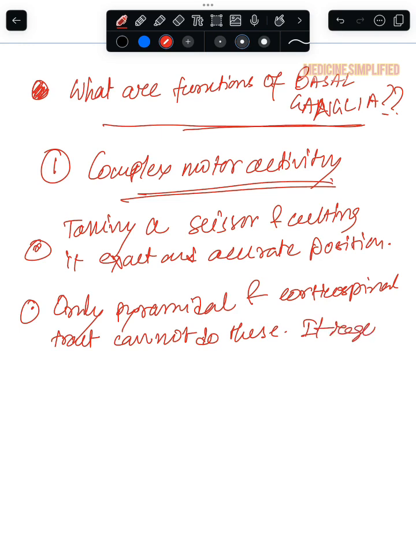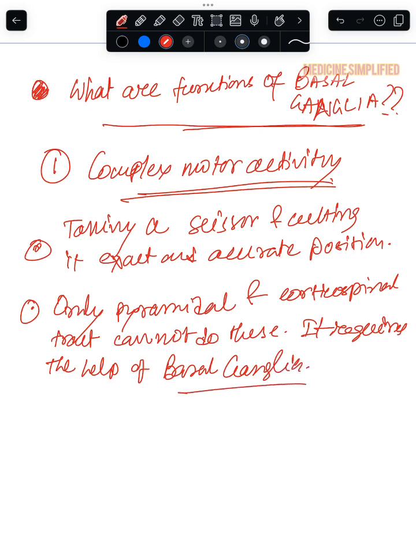It requires the help of basal ganglia. So the first one is complex motor activity, like taking a scissor and cutting in exact and accurate position. Pyramidal and extrapyramidal tracts alone cannot do this, it requires the help of basal ganglia.